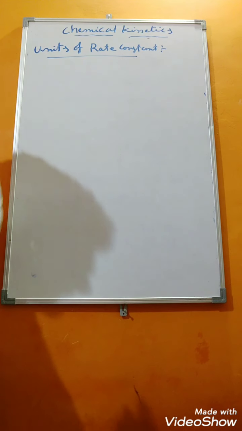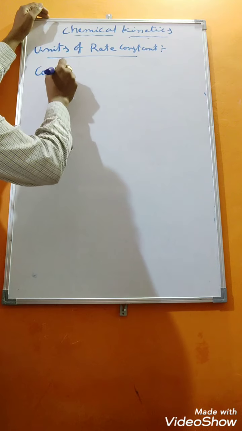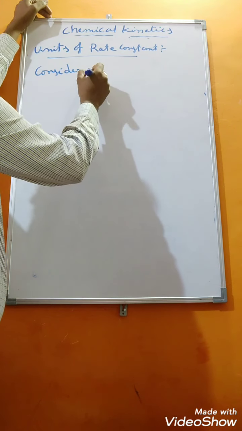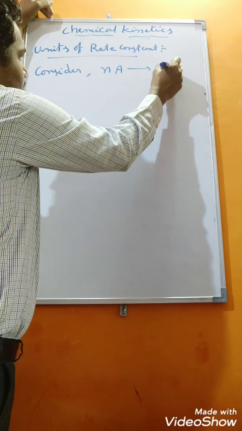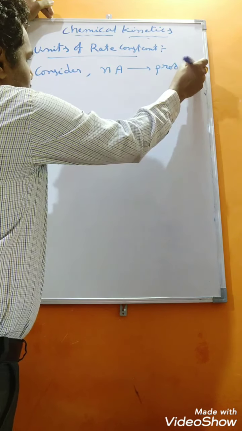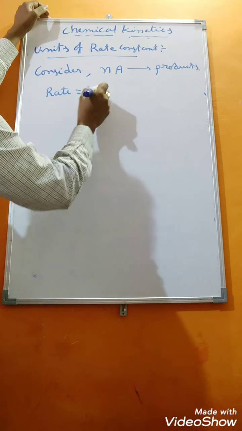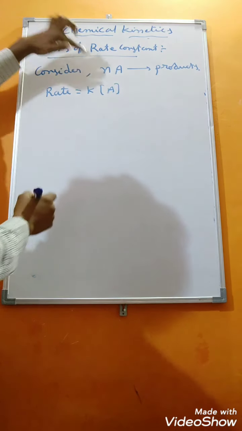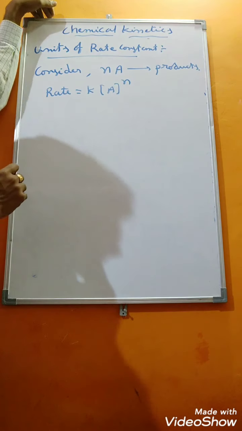Generally, we will take one reaction. You can consider a reaction: nA gives products. For this, suppose they have given the rate expression like this: rate is equal to K into concentration of A, power n, taking the stoichiometric coefficient only. This is the rate expression they have given.